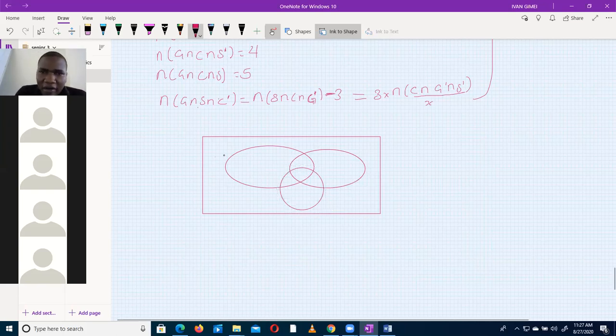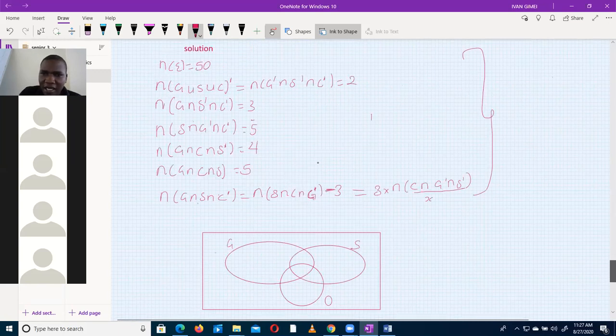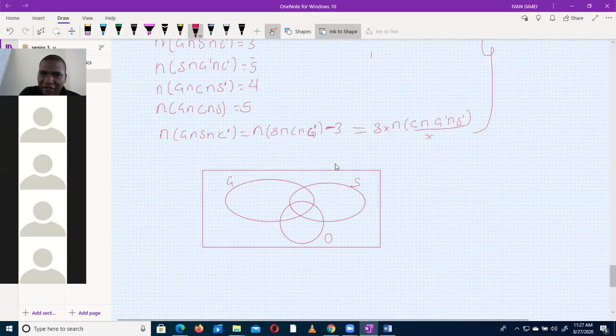Okay, so we have G here, graph papers. We have sets here. What was the other one? Calculator. Now they give us, let's put what we have. The universal set has 50.